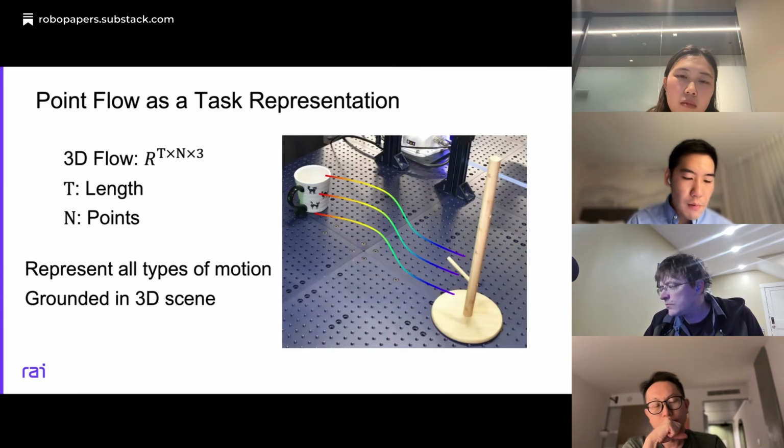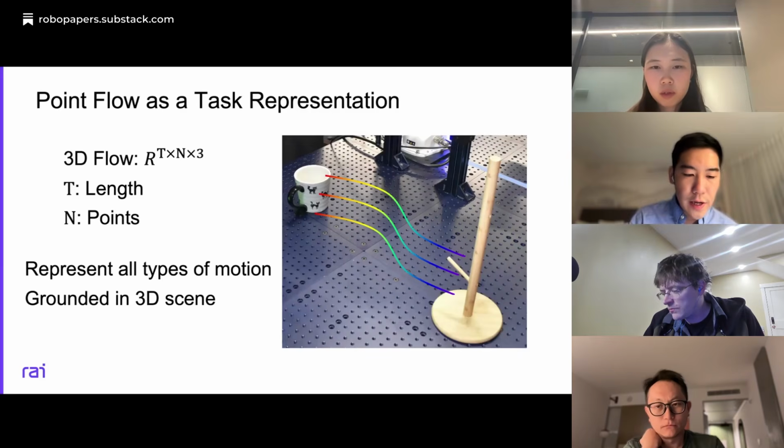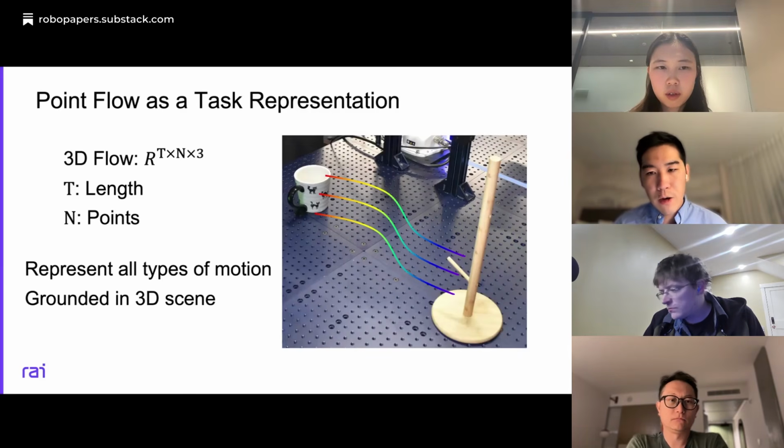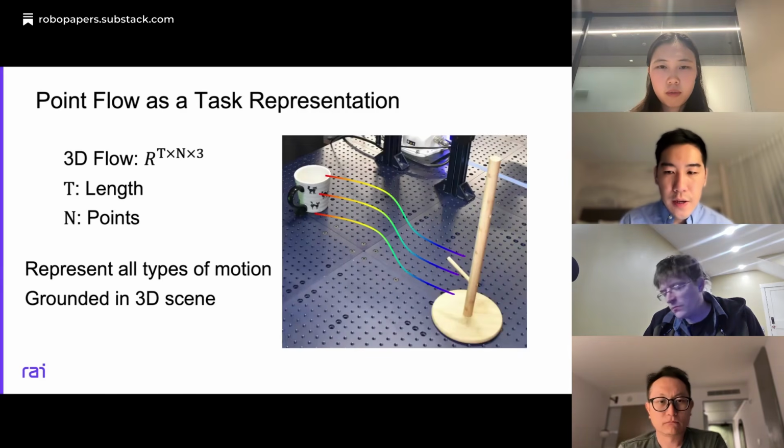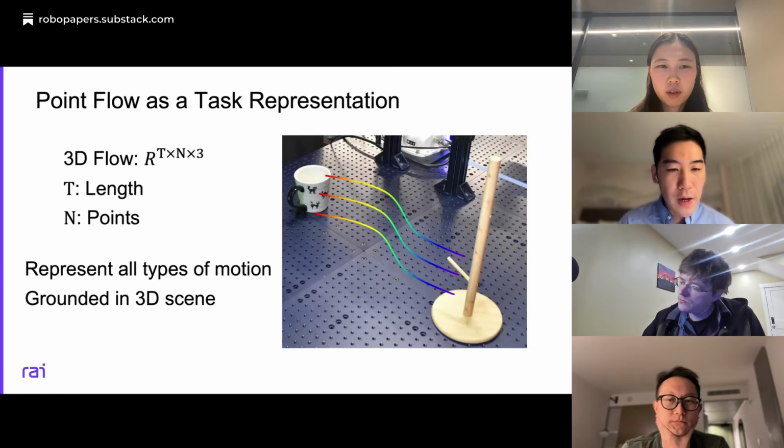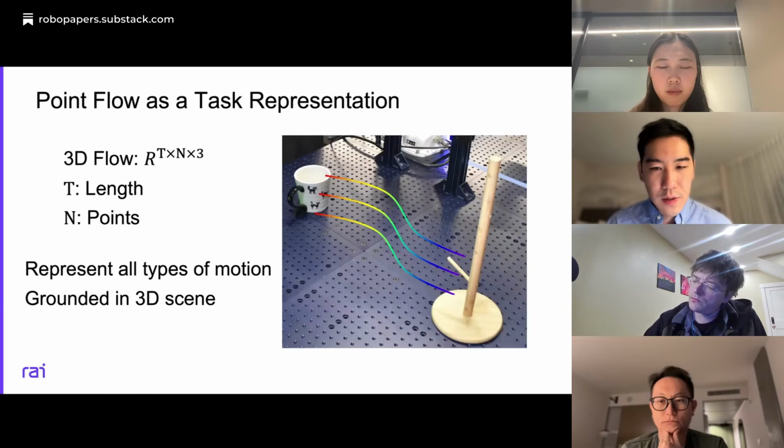By all types of motion, I mean not only motion of rigid objects, but it can also naturally represent articulated or deformable objects. I think that's really an advantage we see, going beyond representing objects using 6D pose.